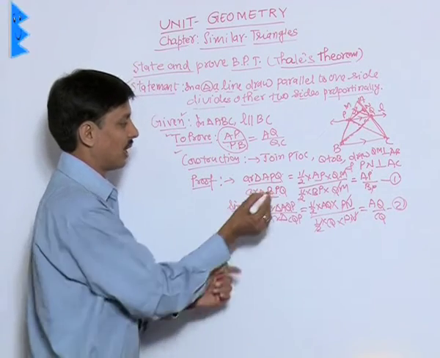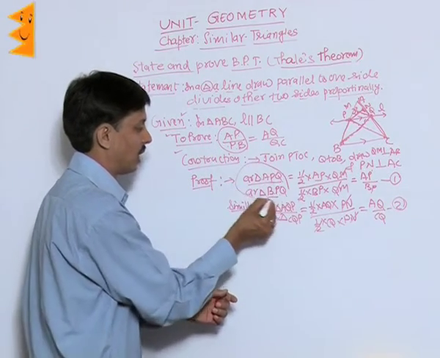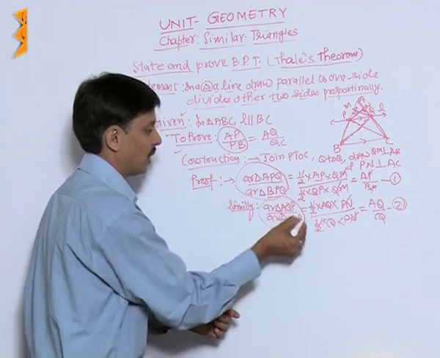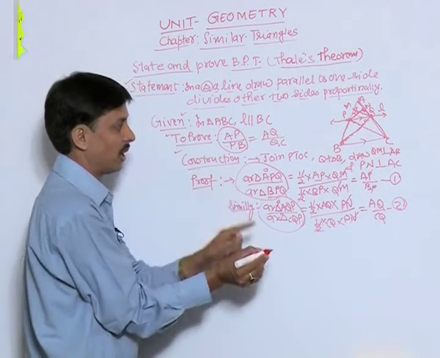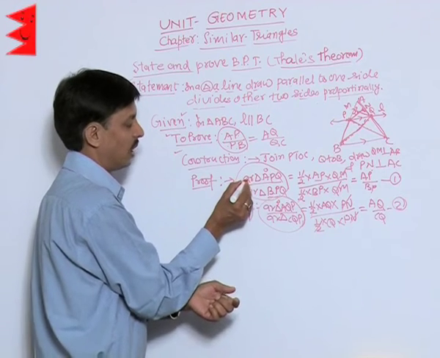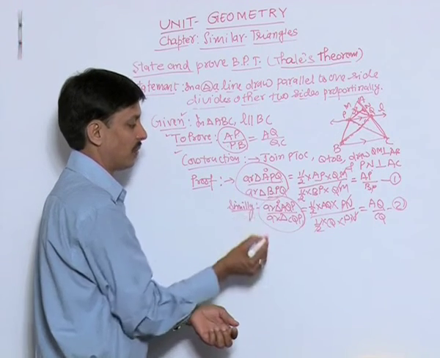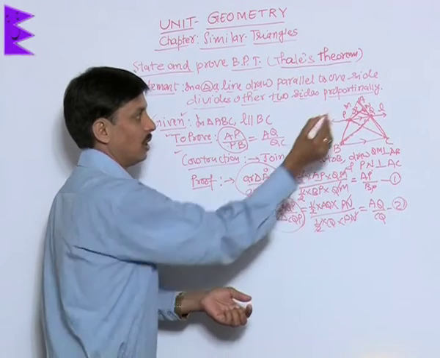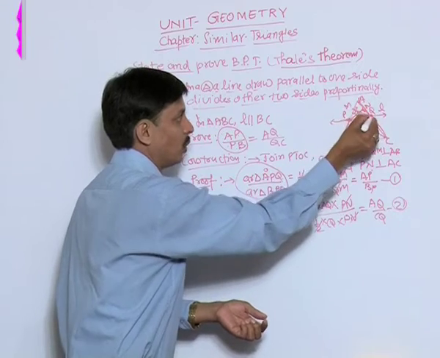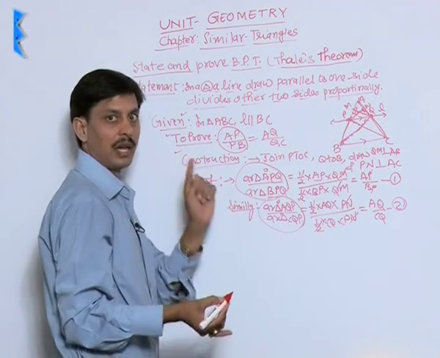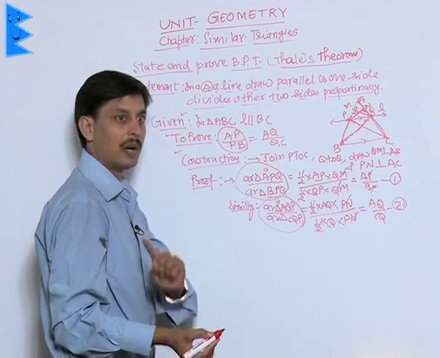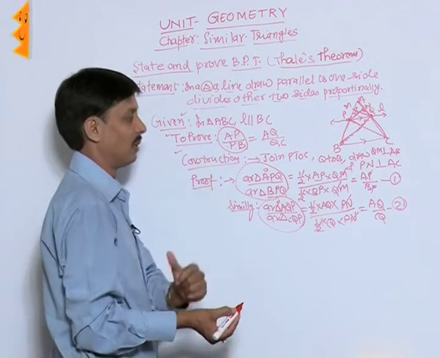But if you compare the left hand sides of equation 1 and equation 2, the numerator of both is the same. Here the numerator is area of triangle APQ, and here it is AQP. So saying area of APQ or saying area of AQP, same meaning, because a triangle can be named in 6 ways, but it will not give 6 areas, the area will be the same.